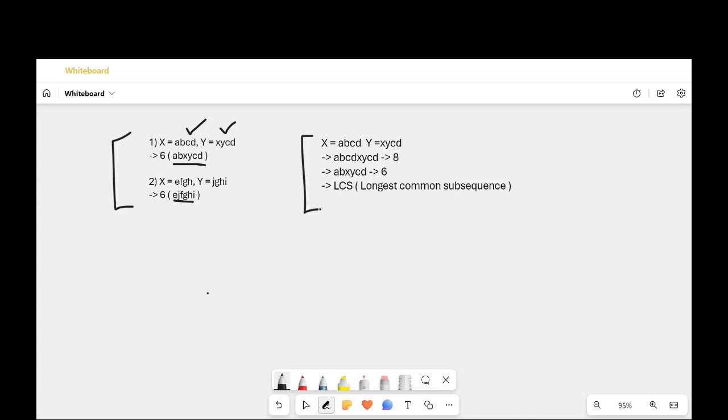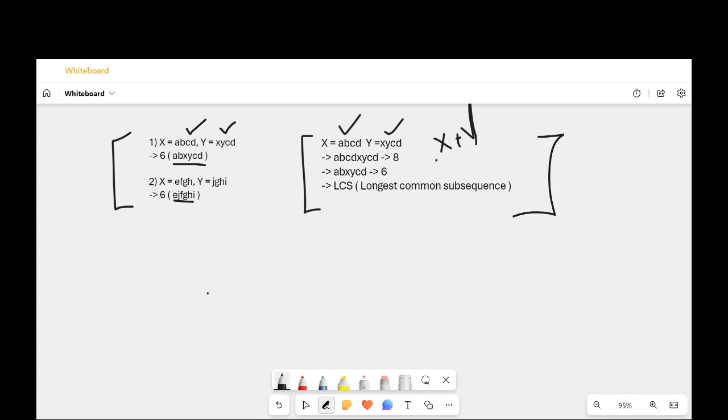So how can I create a supersequence? A supersequence is basically a type of string which contains whichever strings we are considering as its subsequence. How can I start creating a supersequence? First of all, we have two strings. The utmost length, or the longest length that I can achieve, is by adding x plus y, if I concatenate both the strings.